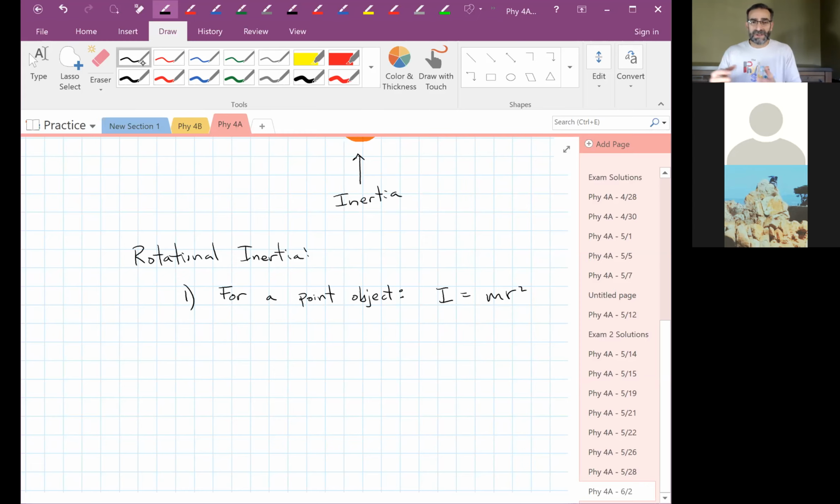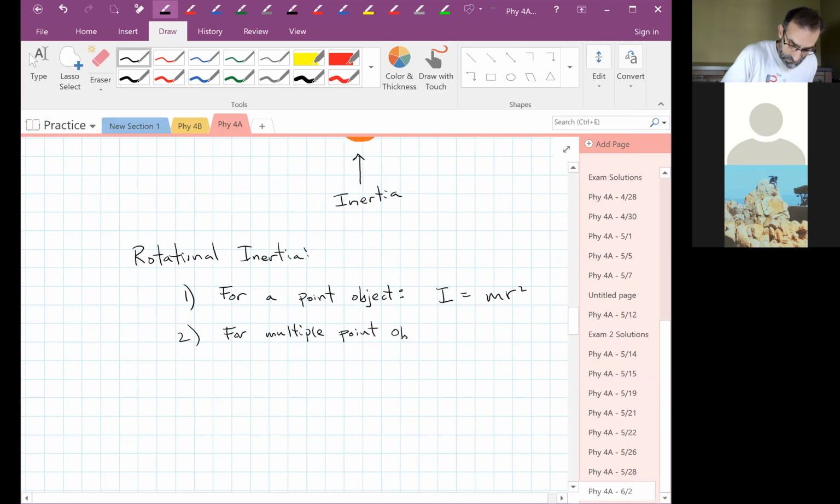The mass of each one of those things added together is the total mass. We do the same thing with rotational inertia. We just add up the individual rotational inertias for all the objects in our system. So for multiple point objects, we add them up.